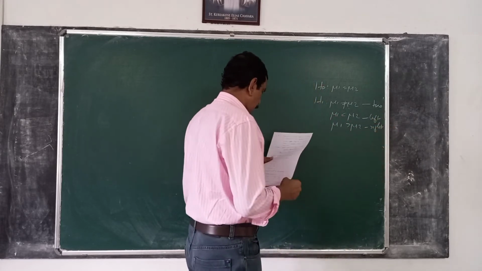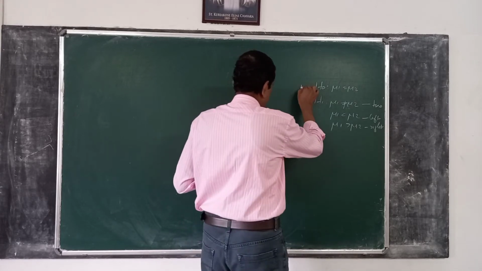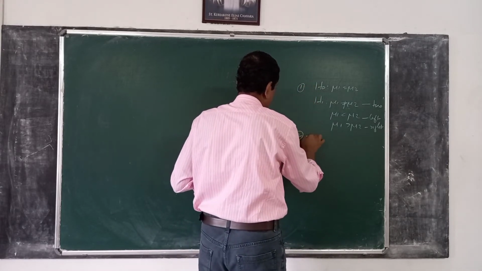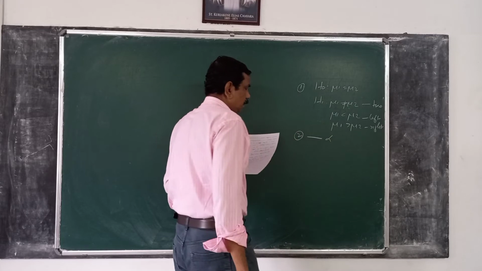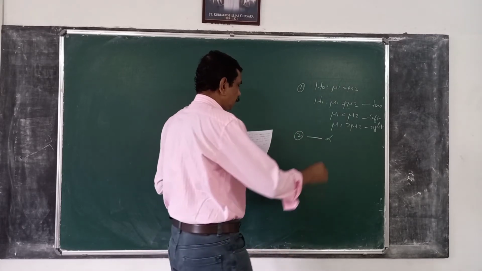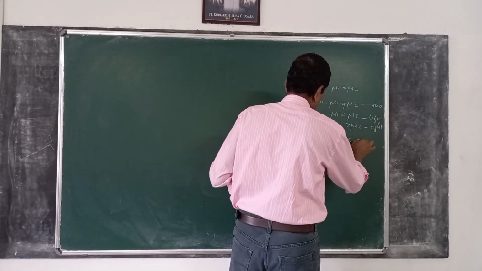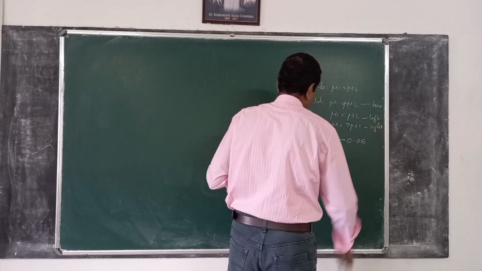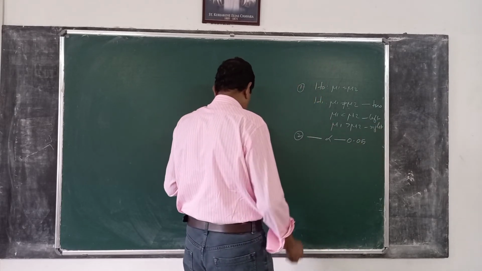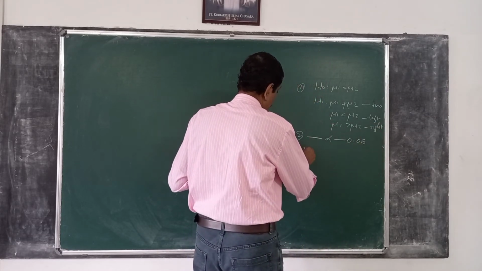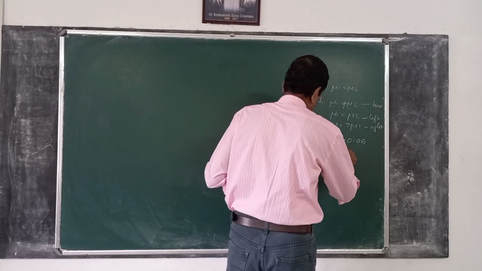That is the first step. The second step is to fix the value of alpha, the significance level. Usually we take it as 0.05 or 5% level.